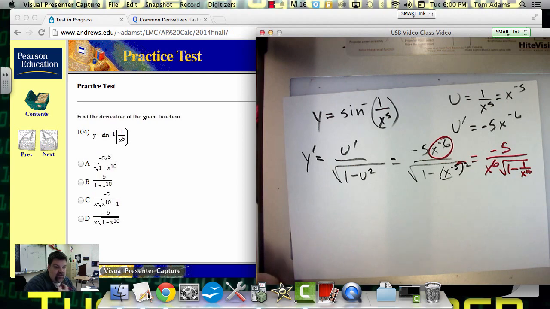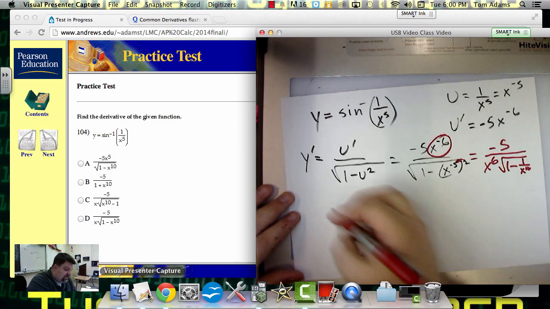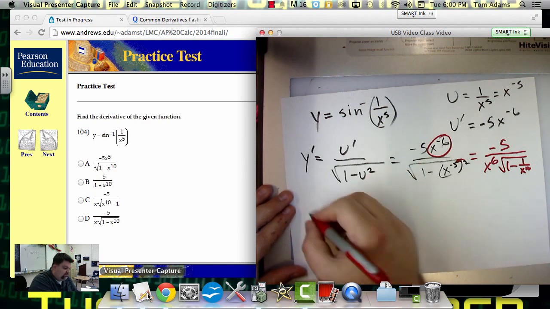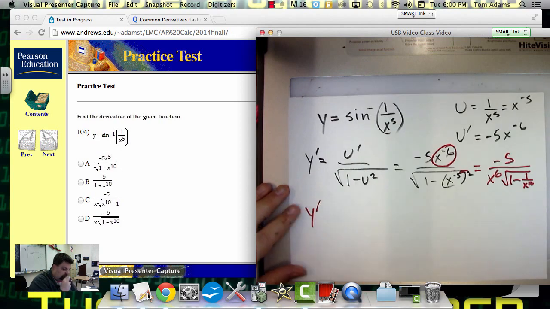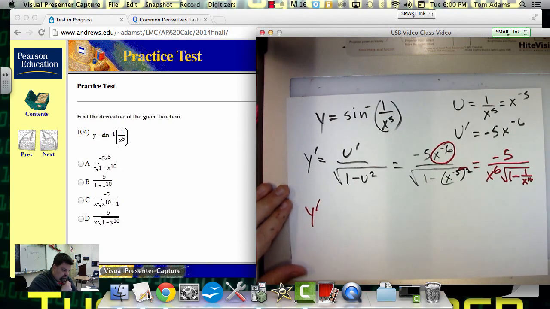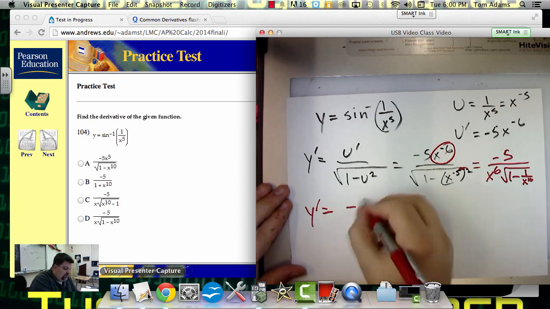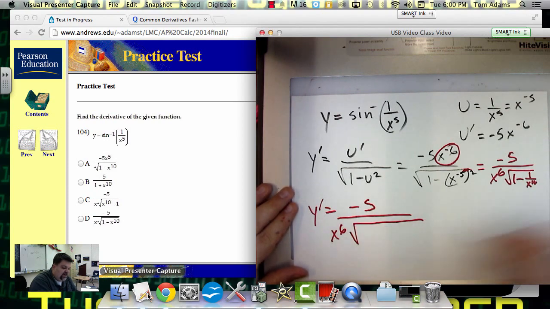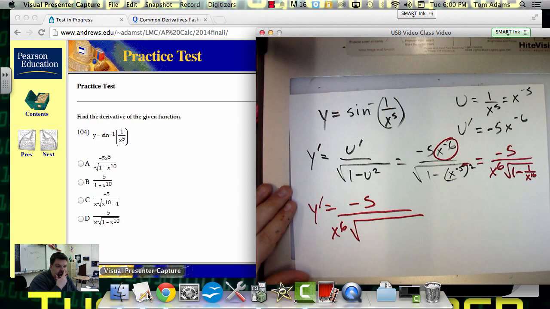Okay? Now, I don't like that way. So what I can do is, this is going to be interesting, I've got negative 5 over x to the 6, and I need to fix this somehow.